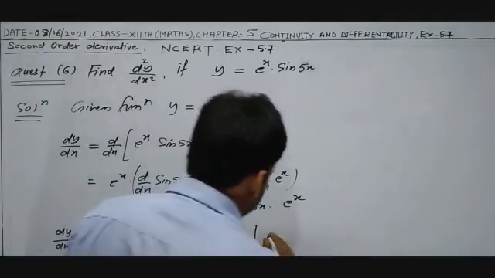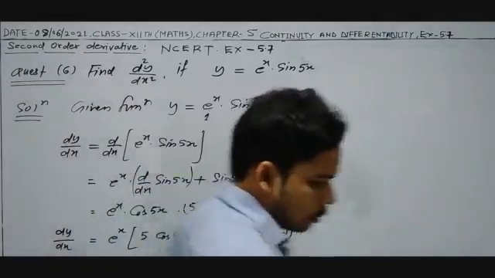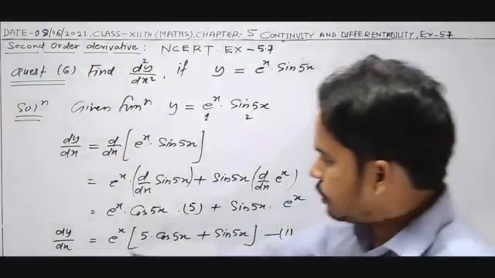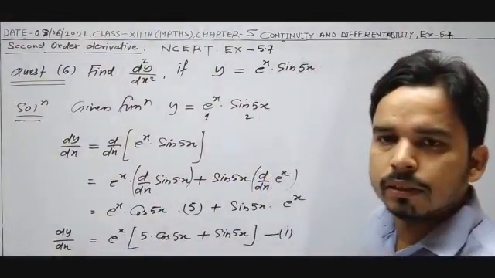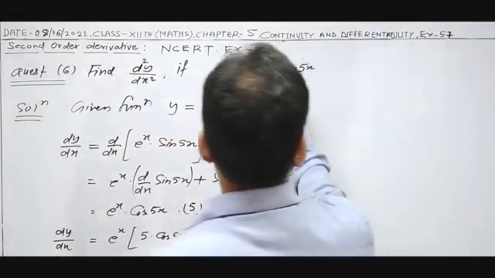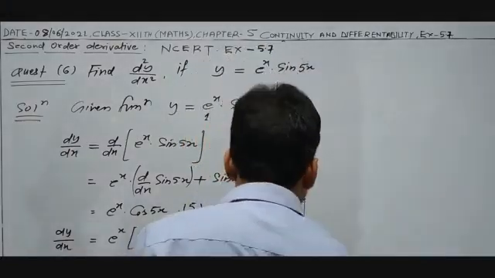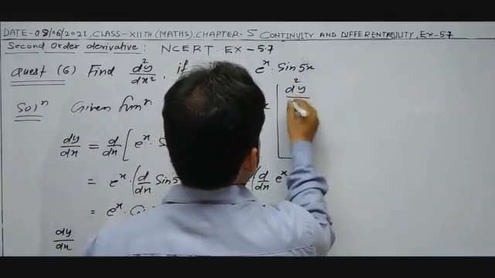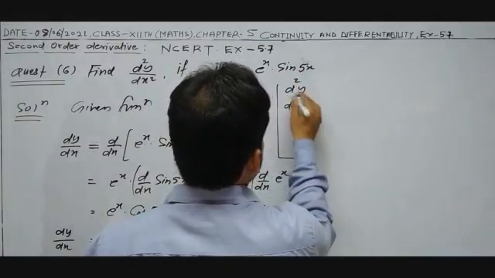Now you have to differentiate equation 1 again with respect to x. So what will be the result? Again operate d by dx on both sides of equation 1.